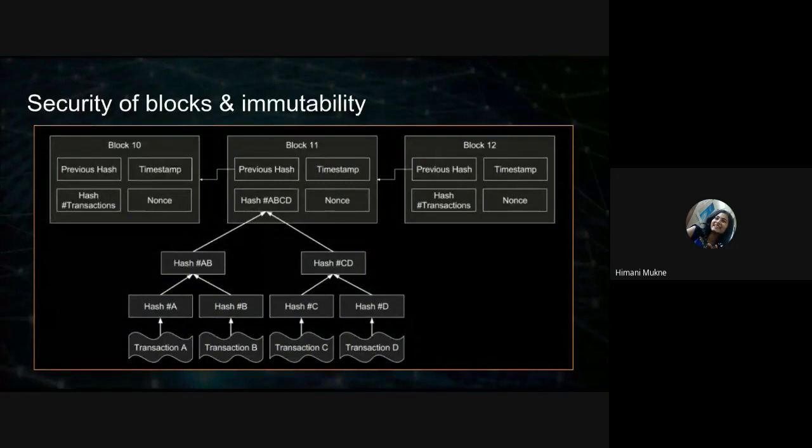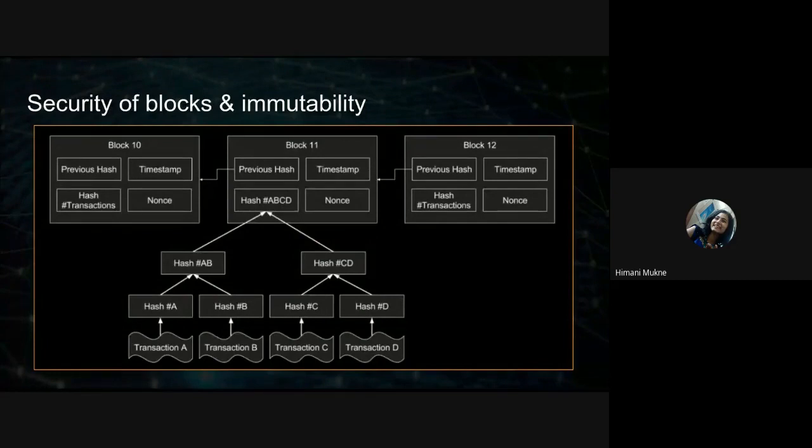So the reason why this is an important feature is because if the parent block at any step of the blockchain is modified, the parent hash also changes, which changes the previous block hash of the child. Because if the parent hash changes, obviously the previous block hash of the child will also change, which changes the grandchild previous block hash, which changes the next block, which changes the next block.